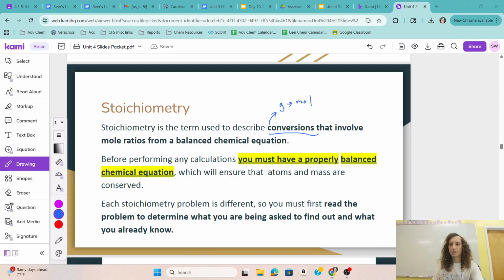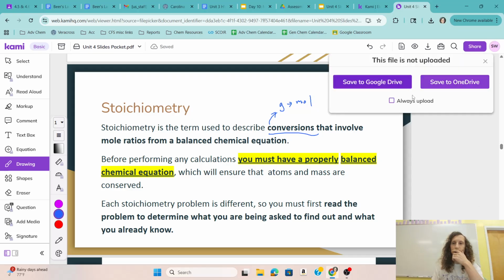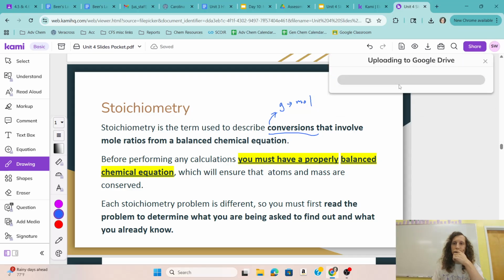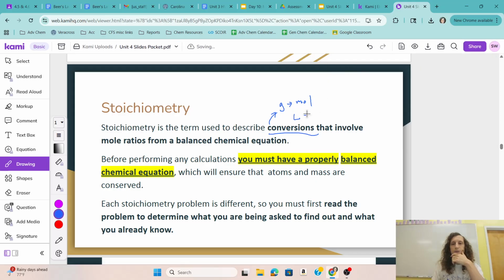We might need to go liters to moles. We might need to go the other way, like moles to grams, or moles to liters. So there are lots of different conversions we can do, depending on what we're asked for and what we're given.